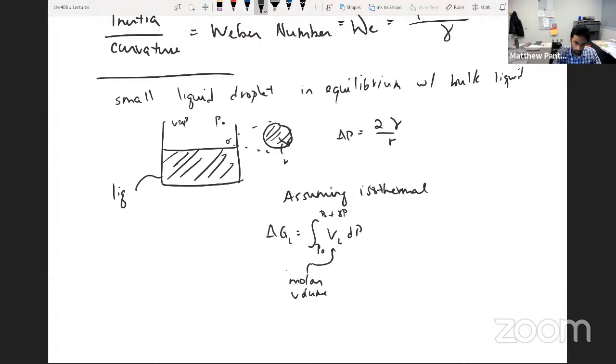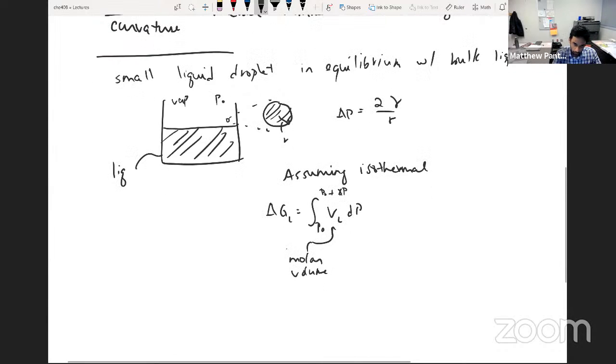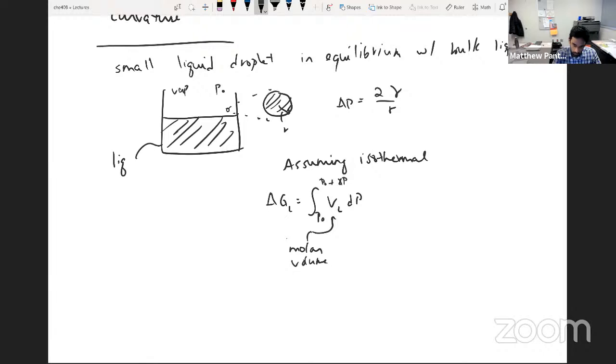So if we have this VL delta P term, we can substitute this in, and this will just be VL delta P if you simplify it.